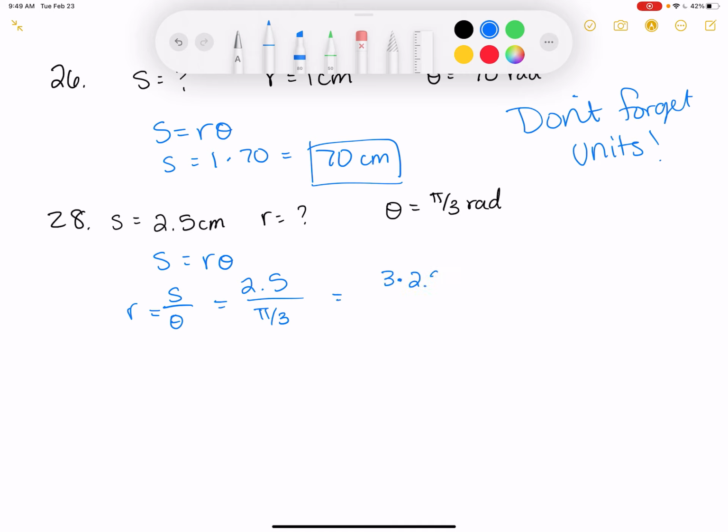That's 2.38 centimeters. All right, 2 more.